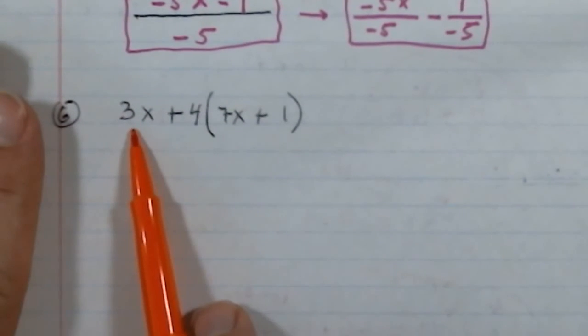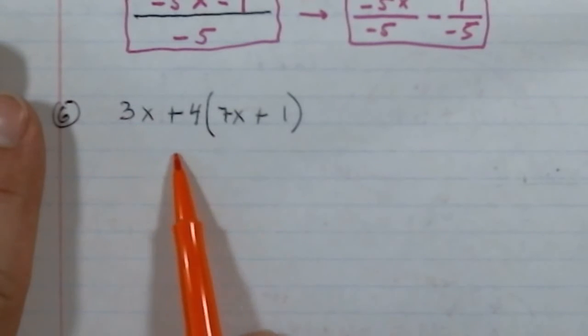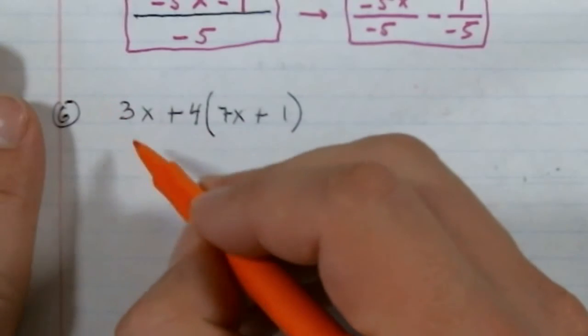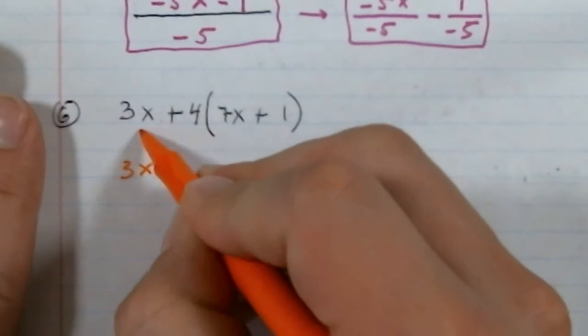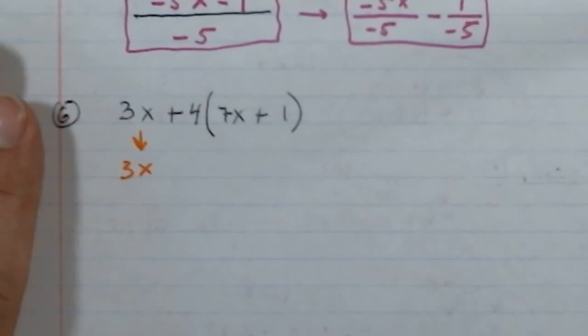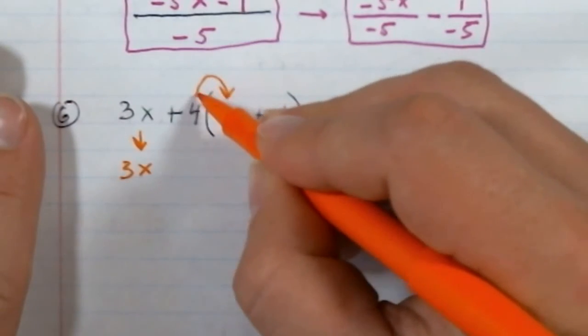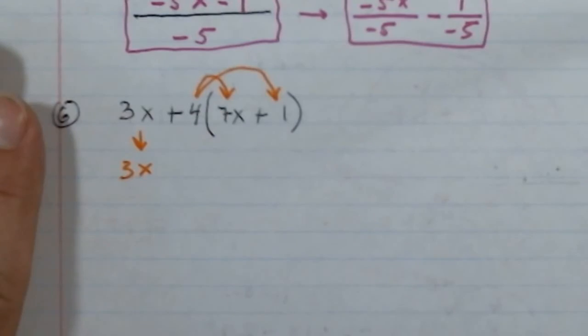So, this 3x here is not going to do anything. There are no parentheses, so you're just going to go ahead and write 3x because it just brings it down. Okay, the 4 times that and the 4 times that.